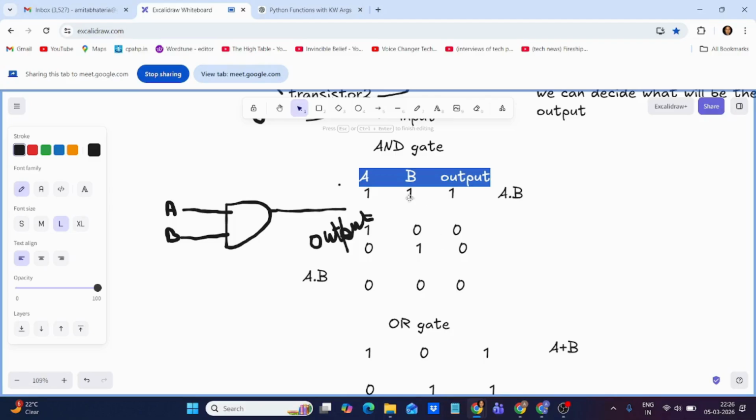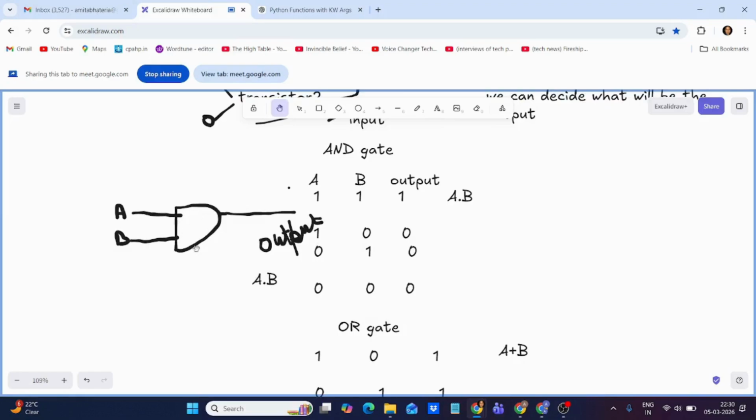In this way you have to show me the whole boolean table, and also this formula for every gate, right? First you have to draw the gate, then you have to write down the boolean table, and also write down how we represent the AND gate. We write down A into B, right? The same you have to do for the OR gate also.